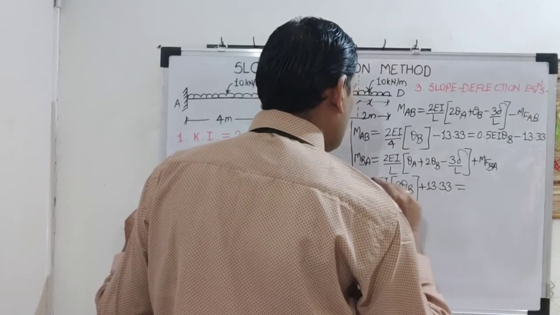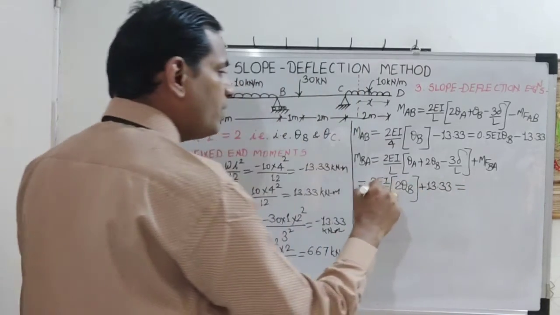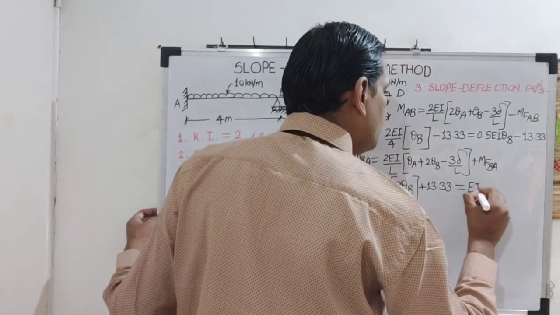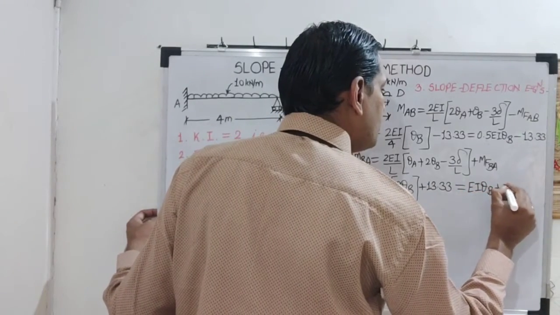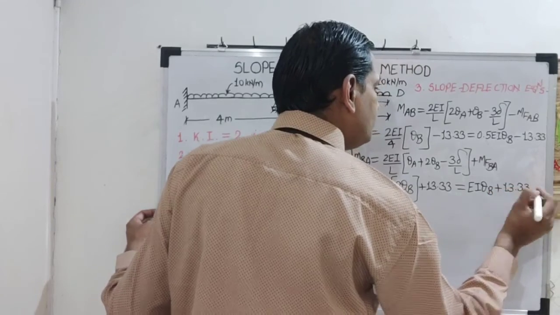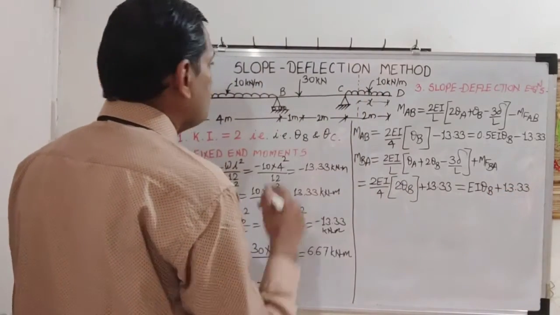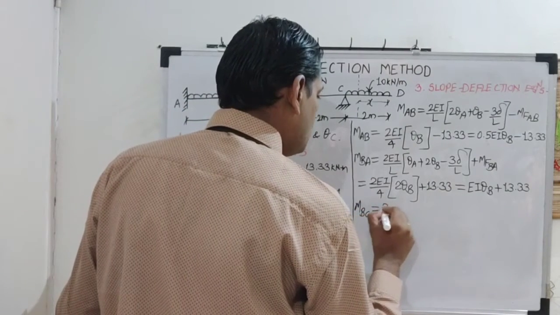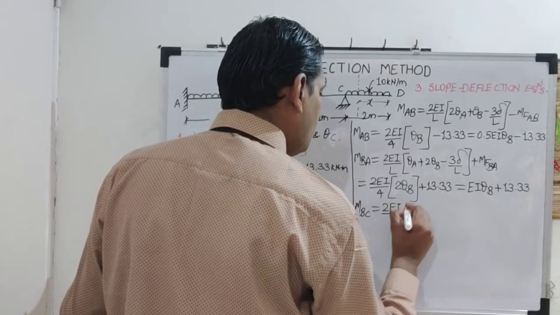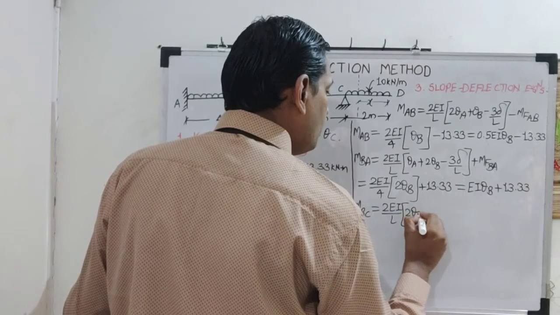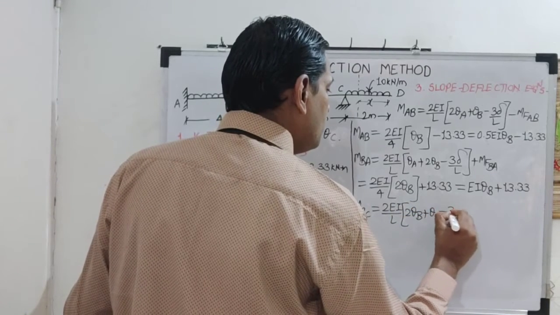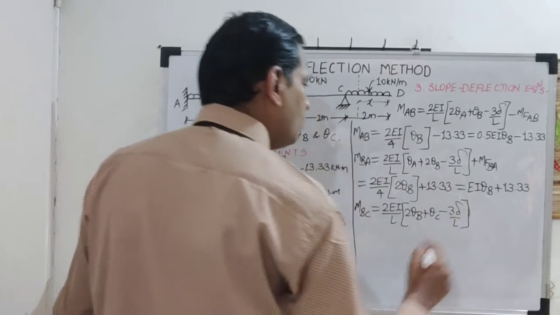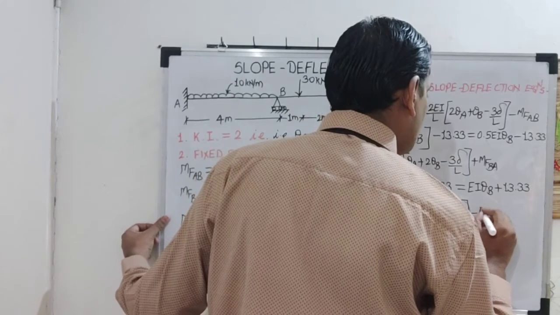So the answer is 2 into 2, 4. 4 by 4 is 1. So EI theta B plus 13.33. Then go to next span, BC. So MBC is 2EI by L into bracket 2 theta B plus theta C minus 3 delta by L, minus MFBC.